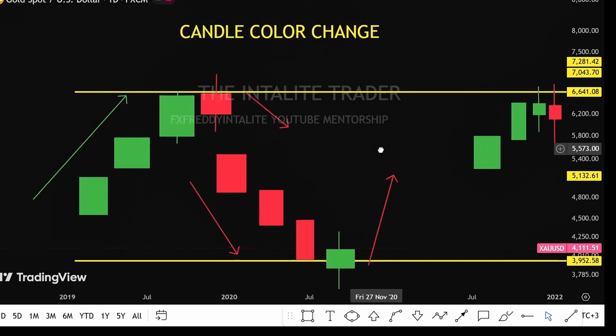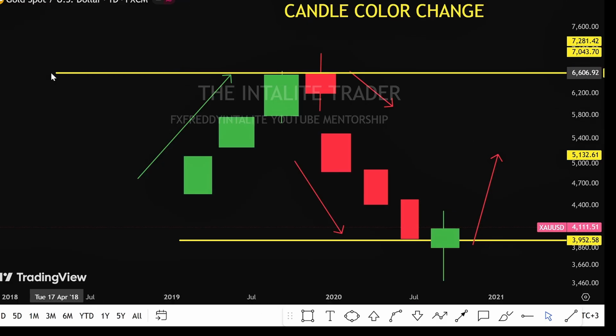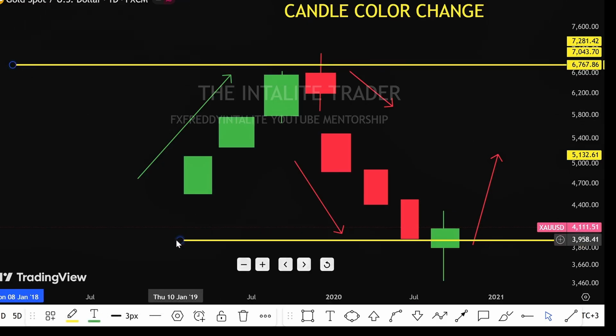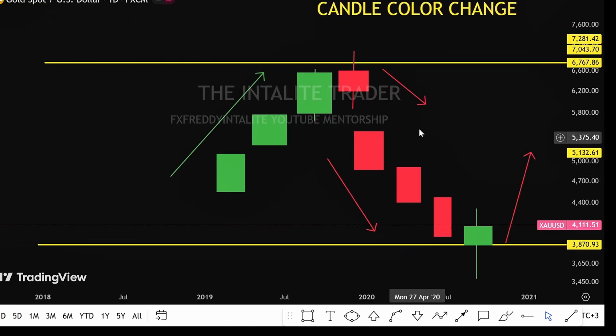So the most important thing is for you to understand the price action psychology of why it is happening. What is the psychology behind this candle color change? Buyers are no longer in control of this trend, and this acts as an early signal of a possible trend change.